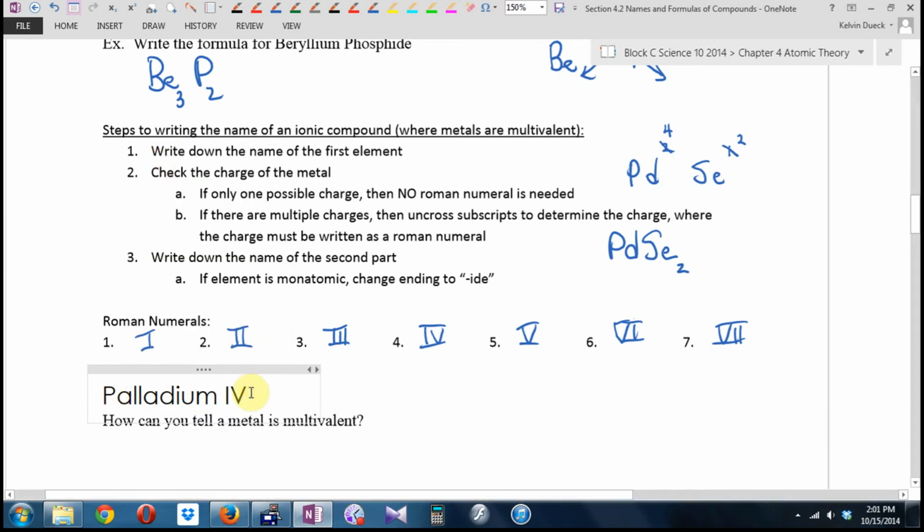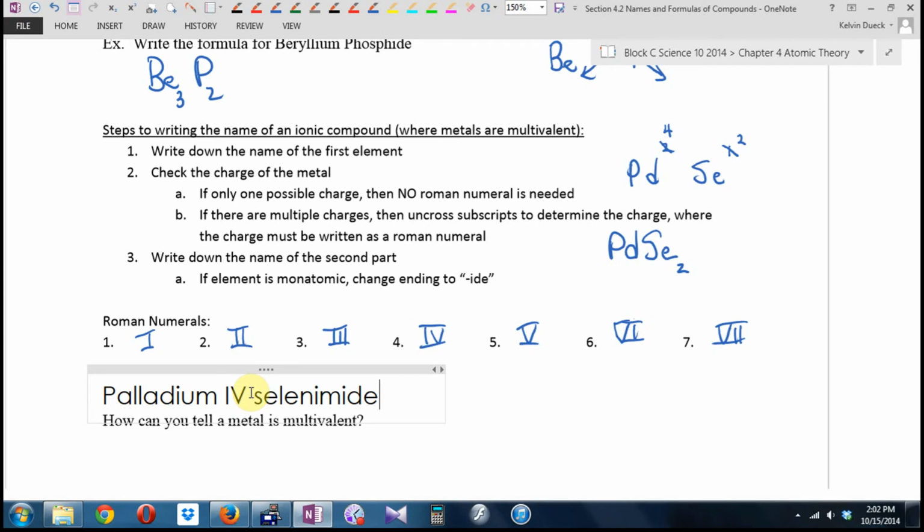Palladium 4. What was the second element? Selenium, which I think is, I've got to spell it right, selenide. I think it's selenide. I don't know. We're not going to pick ones that far down, but I picked a nasty one on purpose to let you know we can handle it.